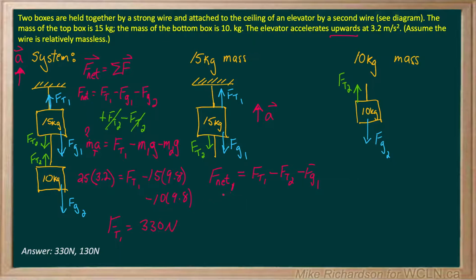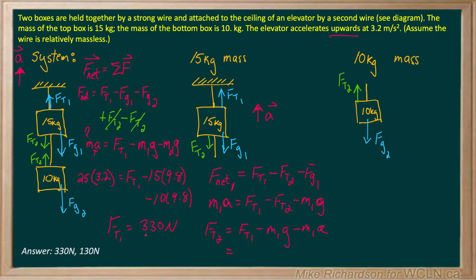So F net 1 is M1A, because I'm only using that one mass, the 15 kilogram mass, times A. Ft1 we now know from our previous question. Ft2 is what we're looking for. And Fg1 is M1 times G. So if I take this equation and isolate it for Ft2, I get the following. Ft2 equals Ft1 minus M1G minus M1A.